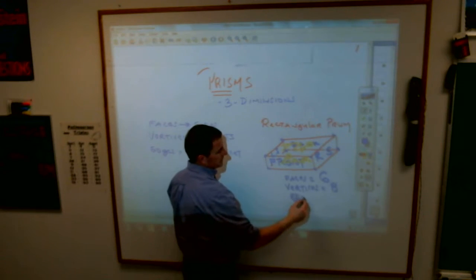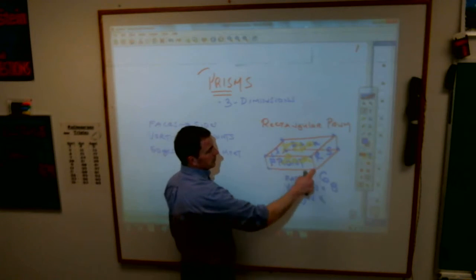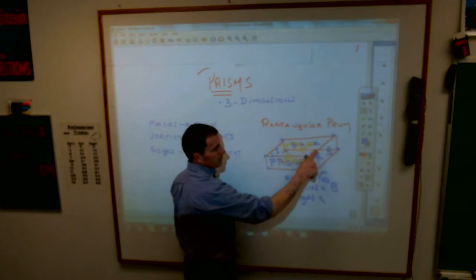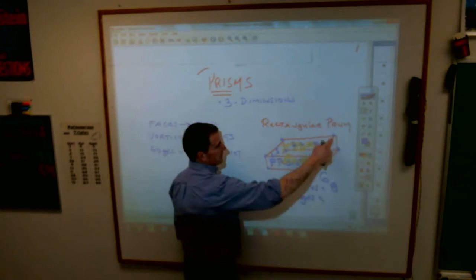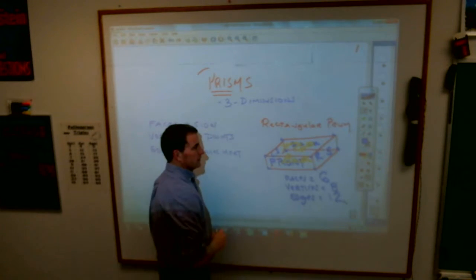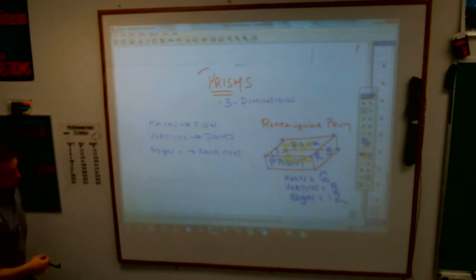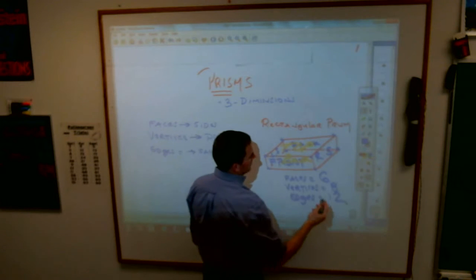How many edges? Those would be all these, 1, 2, 3, 4 going this way, 1, 2, 3, 4 going that way, 4 standing straight up. That's a grand total of 12 edges. Is that the same for every prism? Will every prism you draw have 6 faces, 8 vertices, and 12 edges?